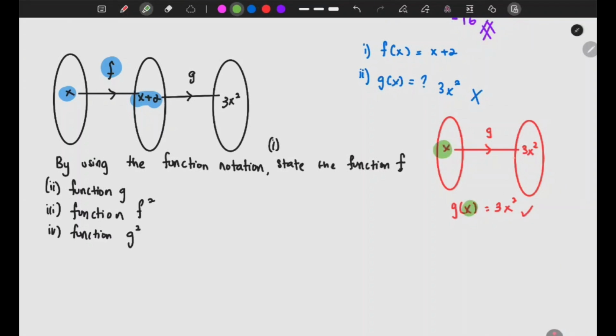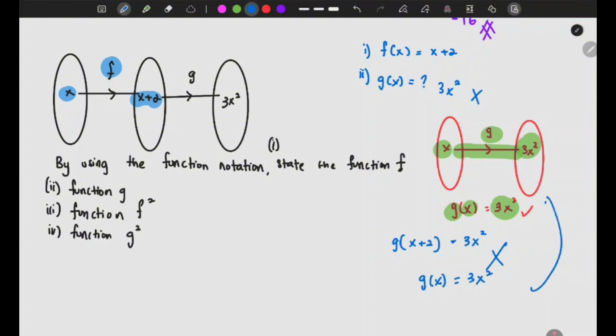But this time around, they didn't say x. Instead, they give g. The x there is not x, it's x plus 2. This is equal to 3x squared, not g of x. g of x is not 3x squared unless the arrow diagram represents it like this, the one I put star, but they did not give it like that.